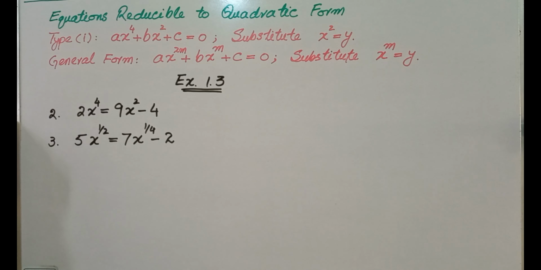We substitute these values in the above formula. Minus b, which is minus 9, plus or minus the square root of minus 9 square minus 4 times a, which is 2, and c, which is 4, divided by 2 into a, which is 2.